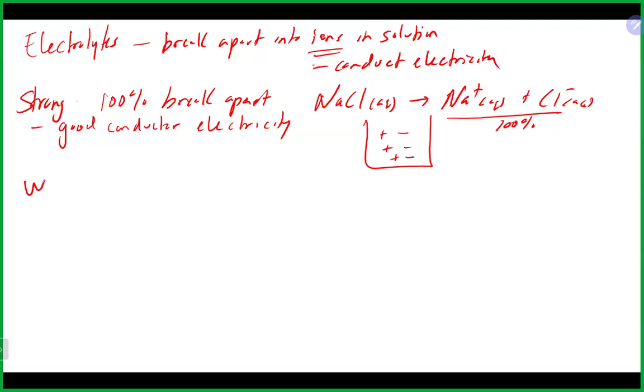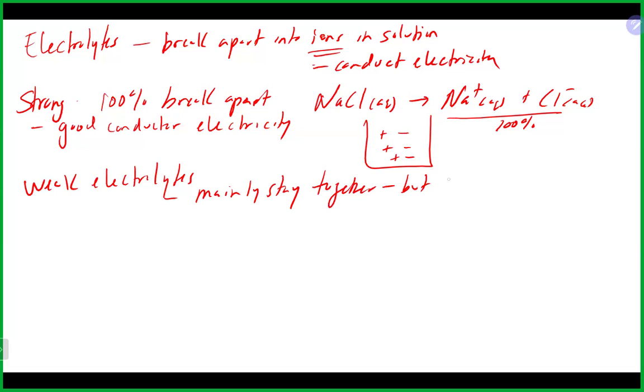There's also weak electrolytes, and weak electrolytes will mainly stay together, but will break apart a little bit into ions. And because it's still able to break apart a little bit into ions, it is still able to conduct electricity. Again, nowhere near what a strong electrolyte could do.